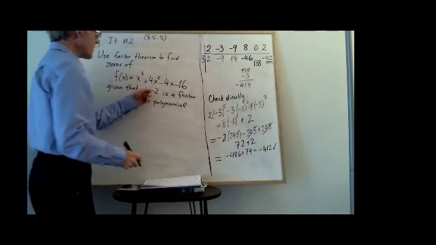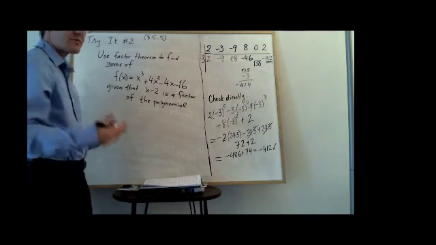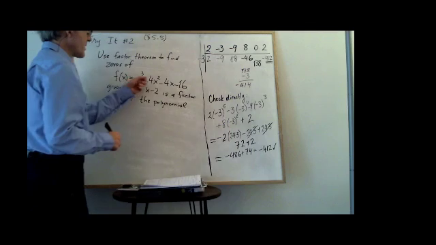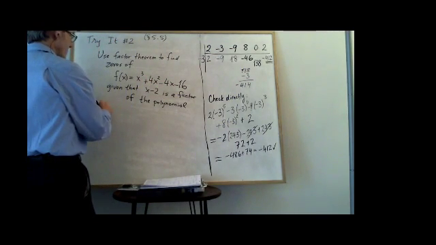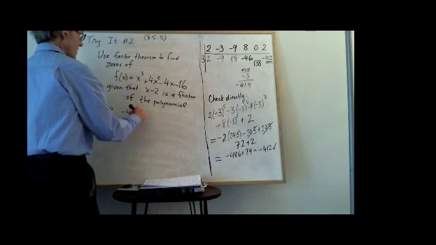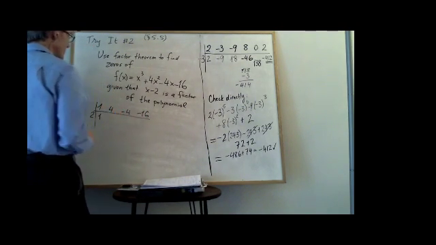Okay, how would we know that x minus 2 is a factor of the polynomial? Well, maybe one way of doing that is you can do some checking of numbers to see if synthetic division will give you 0.